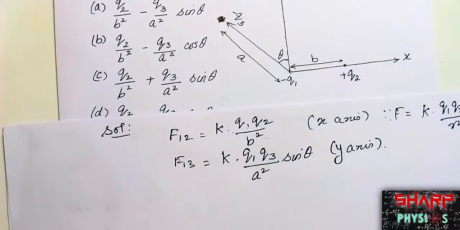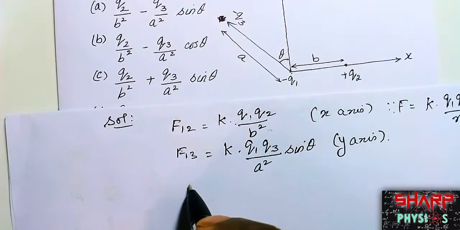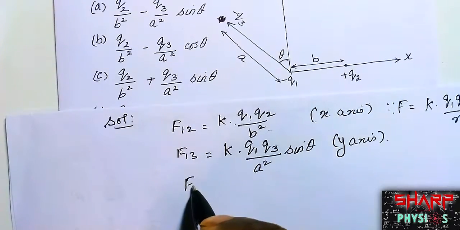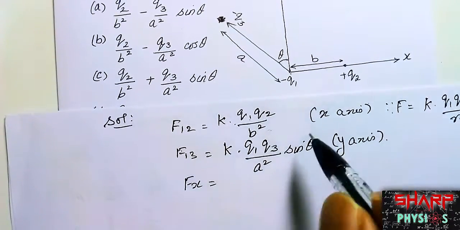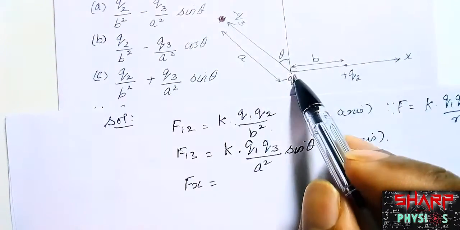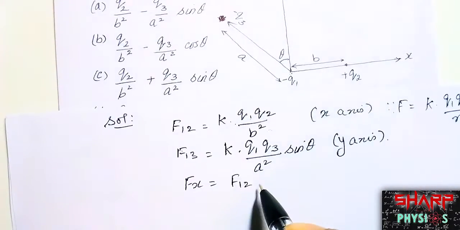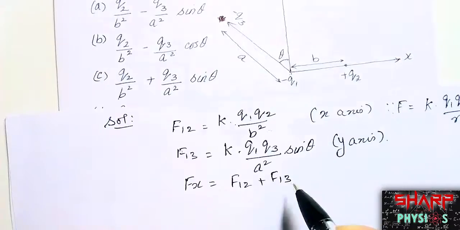Now we need to find Fx, that is the force on the x-axis. That's the question: the force acting in the x-axis. So Fx is equal to F12 plus F13.